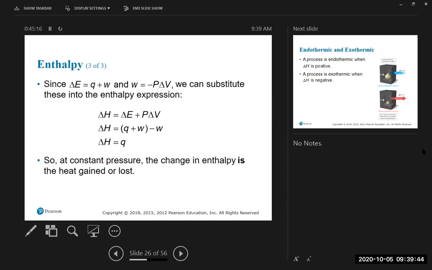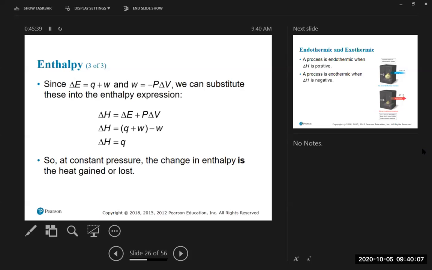So delta H can be rewritten as delta H equals Q plus W minus W.